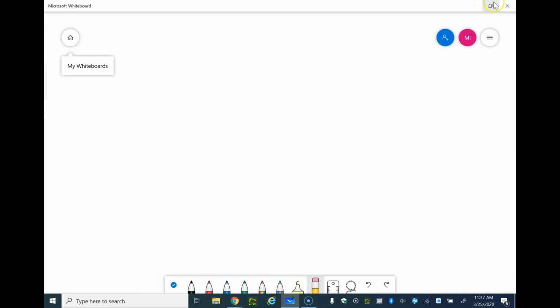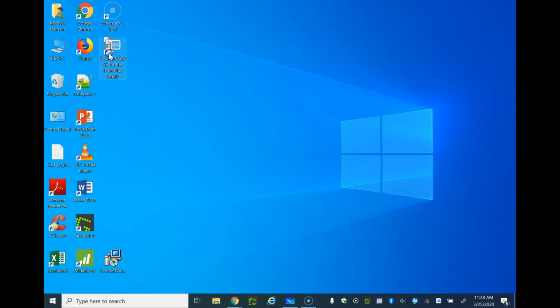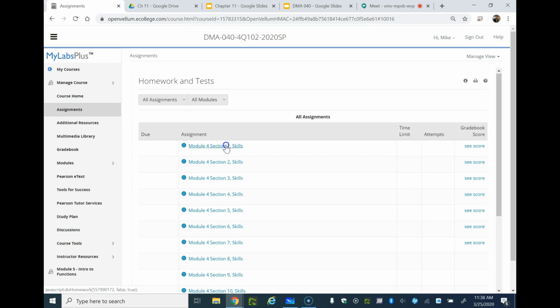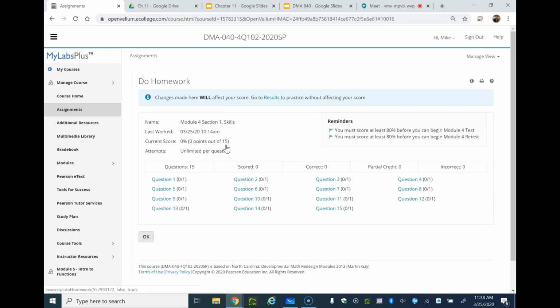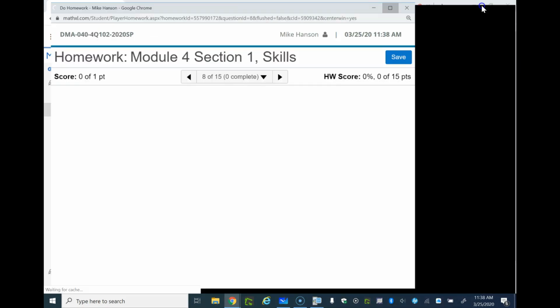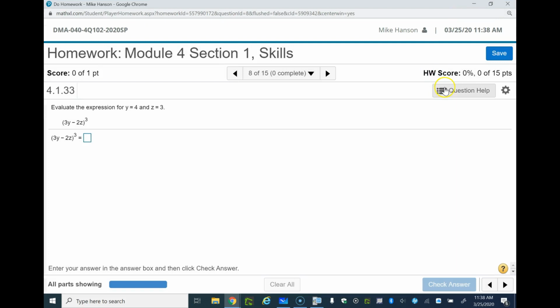While this is pulling up, I'm going to pull up my calculator. So I wanted to go over number 8 and number 10 and to view an example.